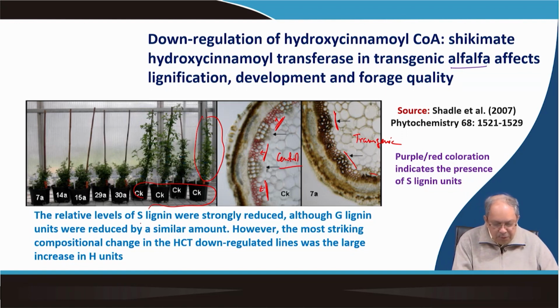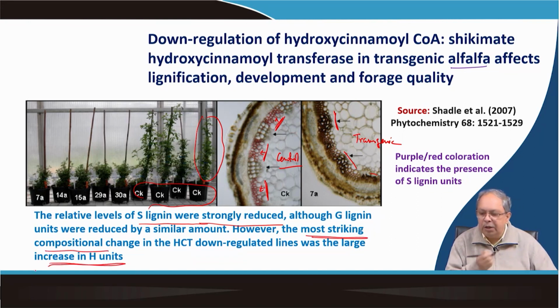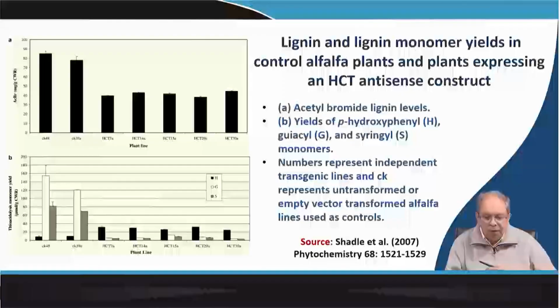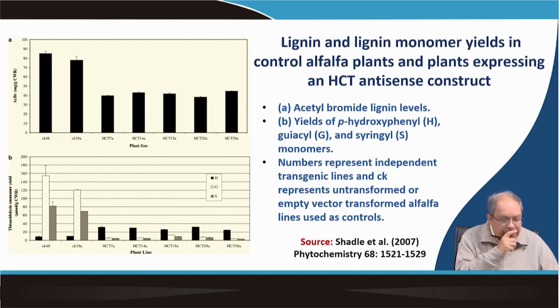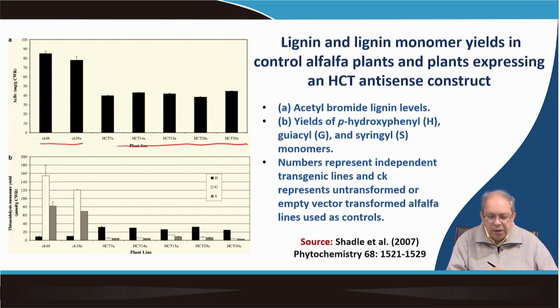The relative levels of S were strongly reduced, although G units were reduced by a similar amount. However, the most striking compositional change is the increase in the H unit, and I explained the implication of that. And this is the lignin content by acetyl bromide digestion. These are the control, and these are the several antisense transgenic lines. It is suppressed, and they have also shown the monomer yield.